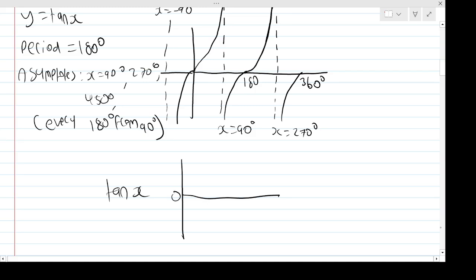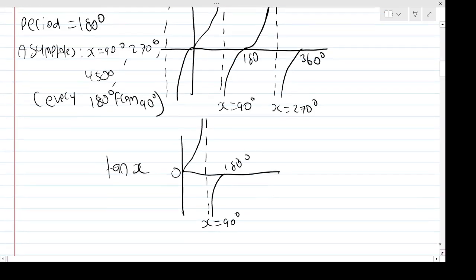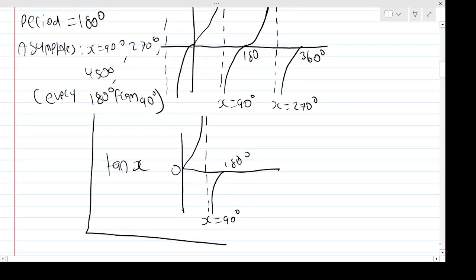It starts at 0, then it shoots up to infinity, and then it has an asymptote at 90, and then it goes back to where it started at 180. There. Okay, cool. So that's the tan graph then. I'll box that as well.